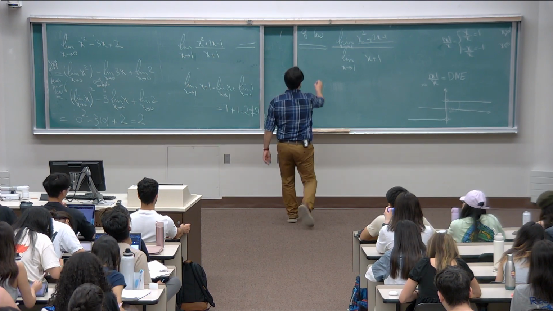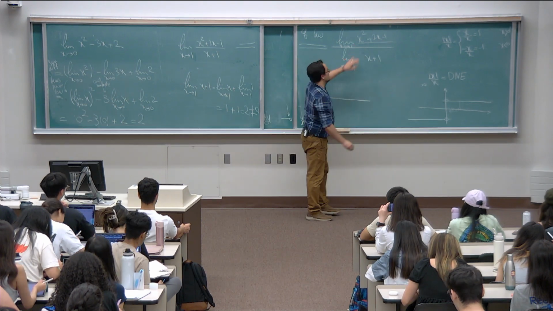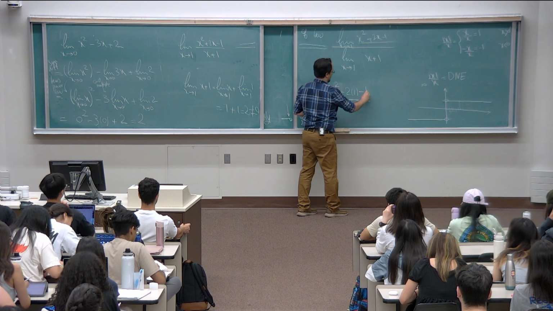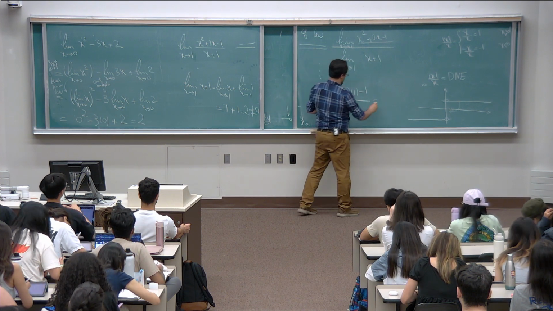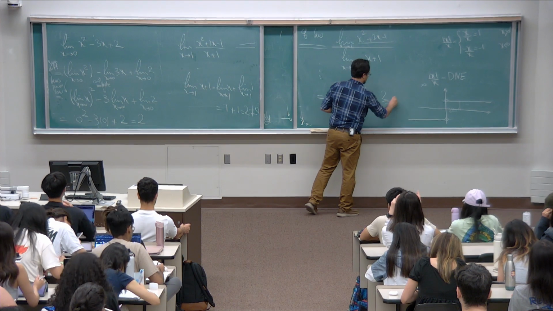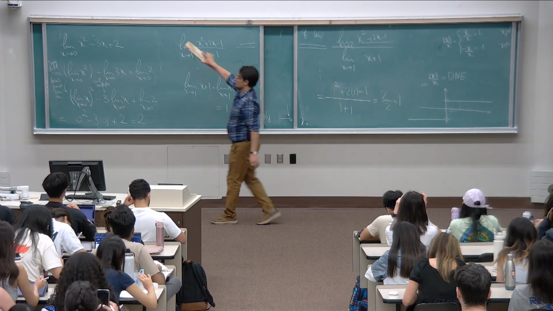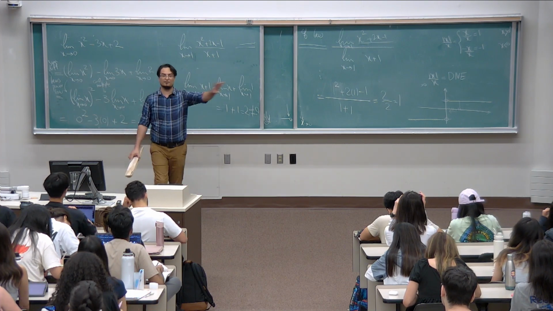So few steps. Here, this will boil down to 1 squared plus 2 times 1 minus 1, and here will be 1 plus 1. And that is 2 over 2, which is 1.